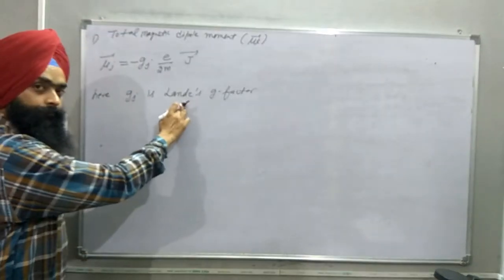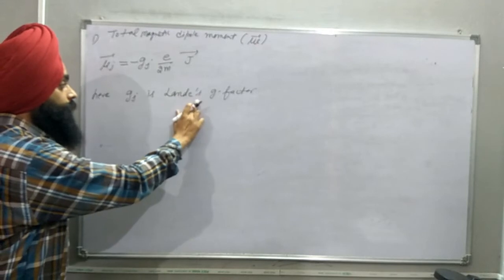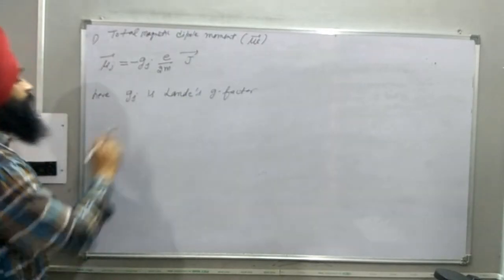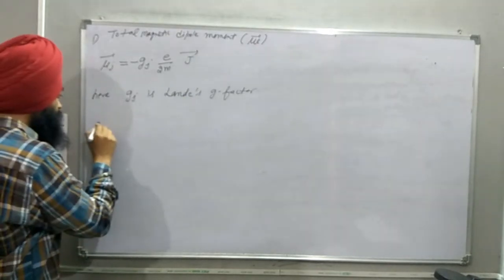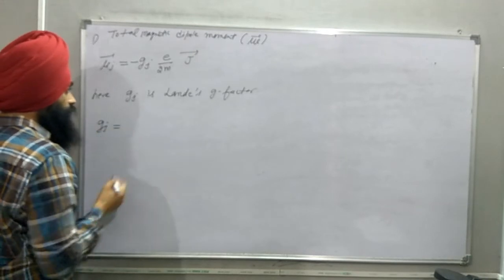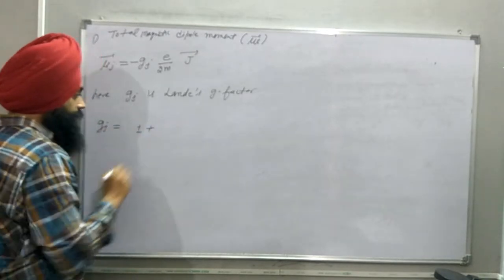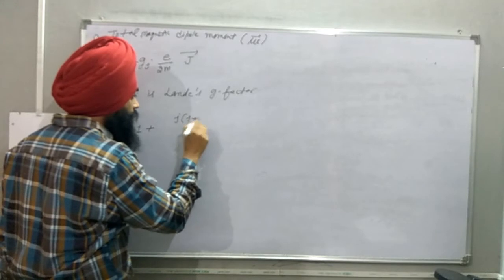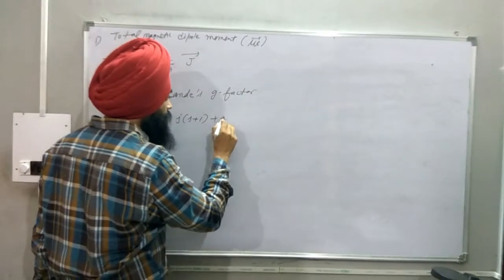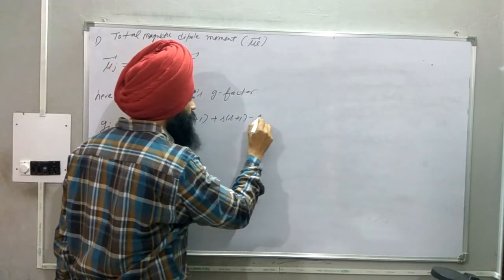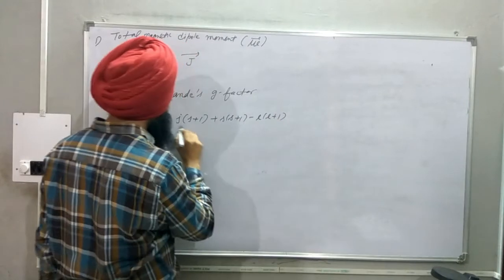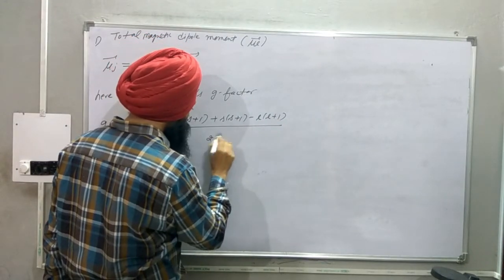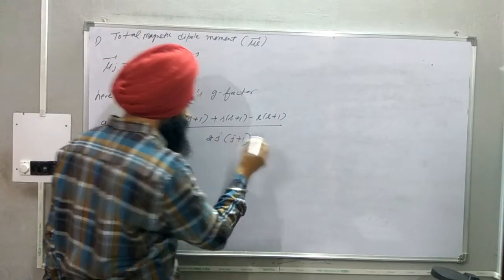Forgive me if I spell it mistakenly. The value of gJ is equal to 1 plus J into J plus 1 plus S into S plus 1 minus L into L plus 1 upon 2J into J plus 1.